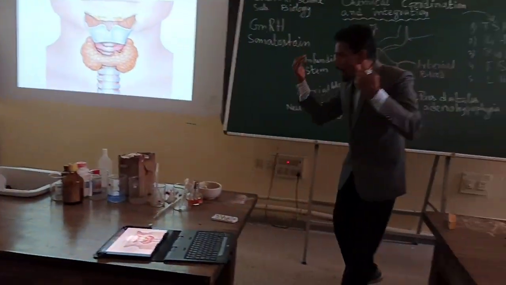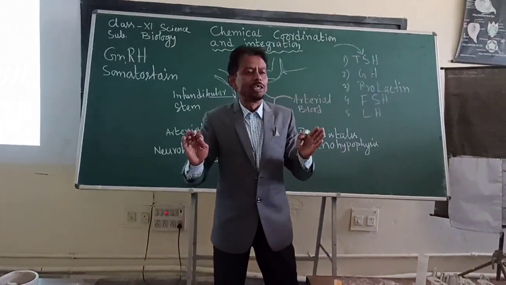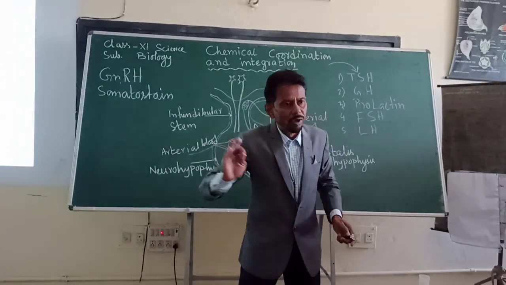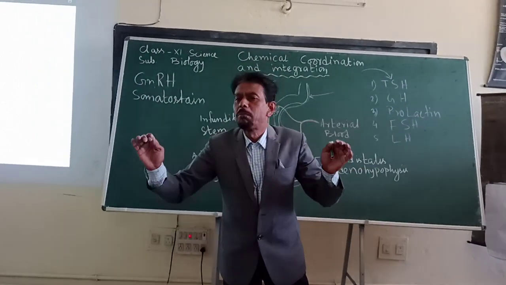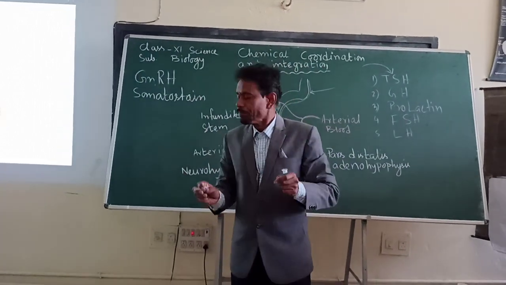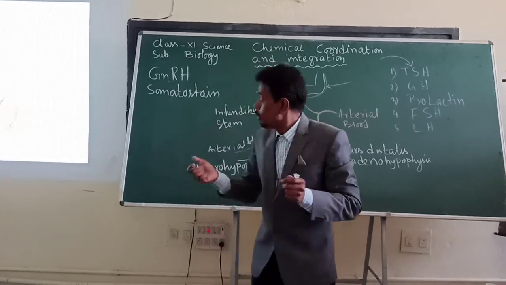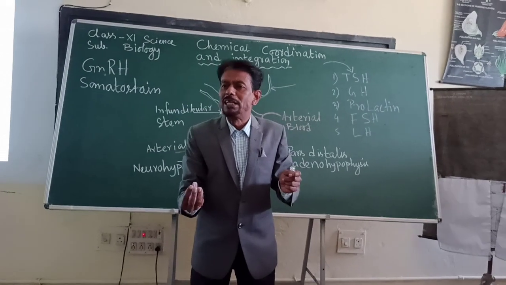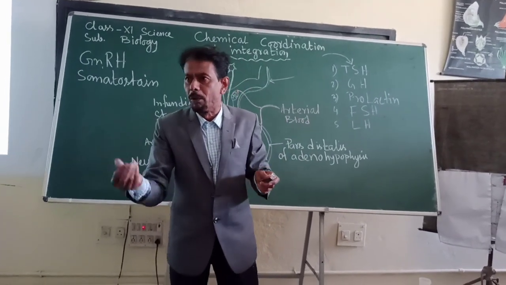Clear? Now, LH. What is the role of LH hormone in male? What is the role of LH hormone in female? Very, very important for both male and female. Let us first know the role of LH hormone in female. See, when the FSH hormone is producing, it is helping to mature the primordial follicle into a mature Graafian follicle.